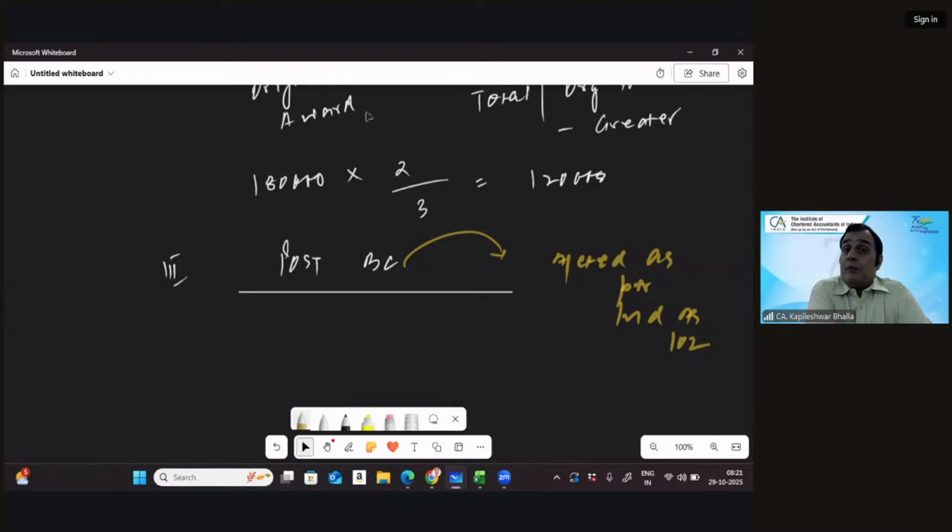So let's say, for example, the remainder vesting period is another 2 years. So are you going to spread it on a straight line basis and amortize it over the next 2 years? That is post business combination. Is the thought correct? The post business combination is going to be spread over the remainder vesting period on a straight line basis. Yes, of course.